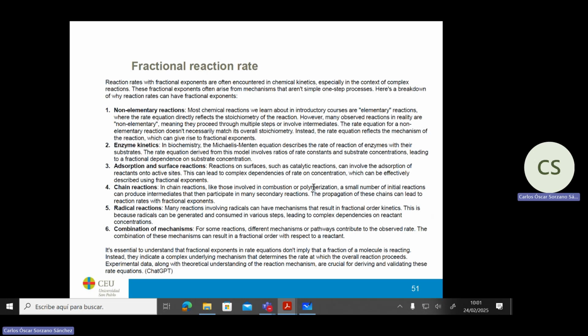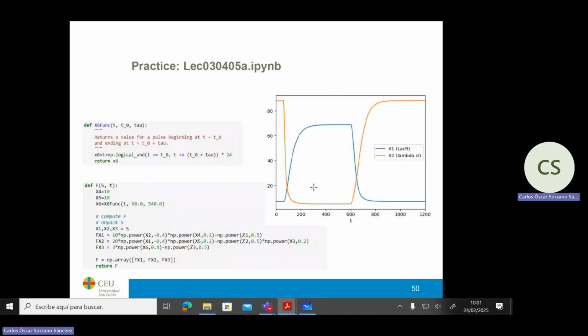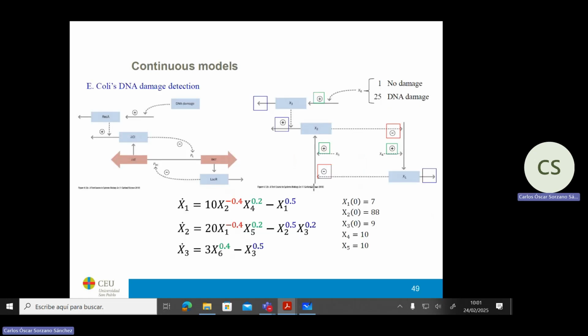And how do they obtain the coefficients? Yeah, so you have to measure. You have to cause some DNA damage by ultraviolet radiation or whatever, and then track over time how these proteins and genes are changing.